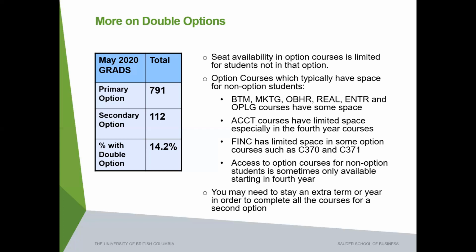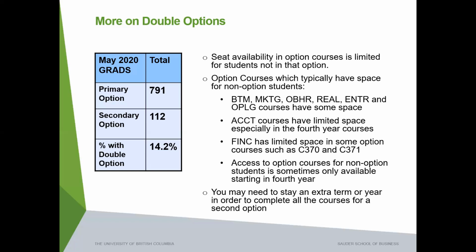I've put some numbers together so you can get an idea of our May 2020 grads. 791 students graduated, and 112 of those 791 chose a second option. So it's a small number, 14.2%, that actually completed a second option. And that number doesn't vary too much from year to year.